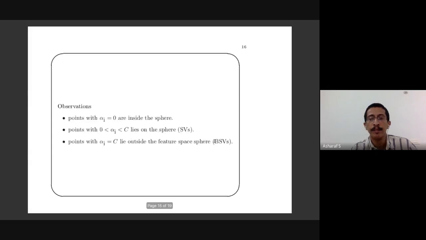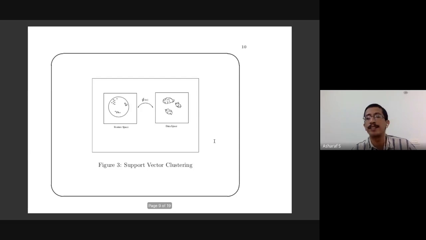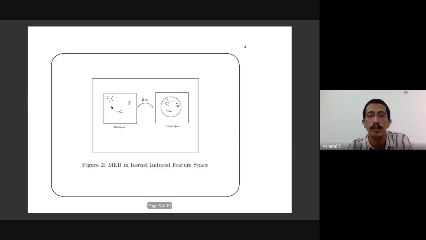Good. So what is support vector clustering? Let's go back to our original problem, which is learning clusters with these MEB based approaches. You have your data defined in the data space.